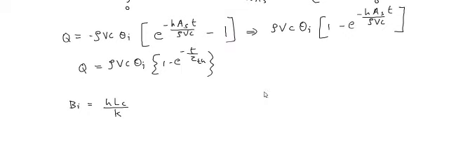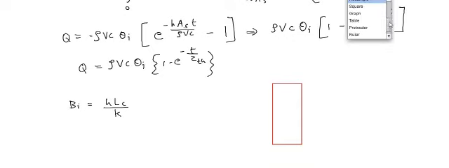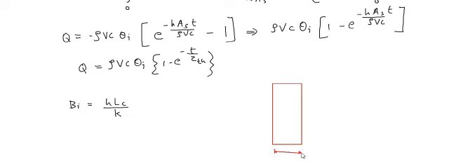Now when we are talking about the length, let us say I have a plane wall, and if we take the center, if there is some kind of heat generation, and the total distance is 2L, then half of that is equal to the characteristic length.